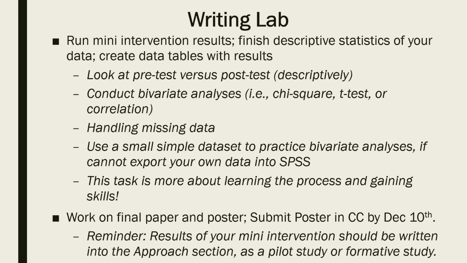That way, when you run your frequency, it will say your range is 1 to 4, if that's what it's supposed to be, and you have one missing value, which would have been the one originally coded 999.